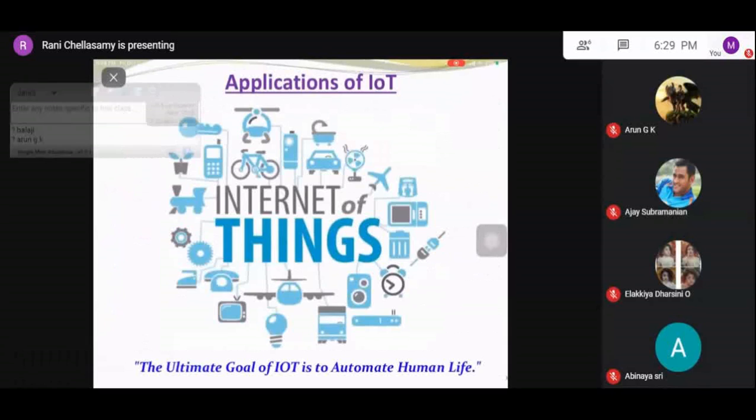And let's see some of the applications of IoT. The ultimate goal of IoT is to automate human life. That's the main thing.